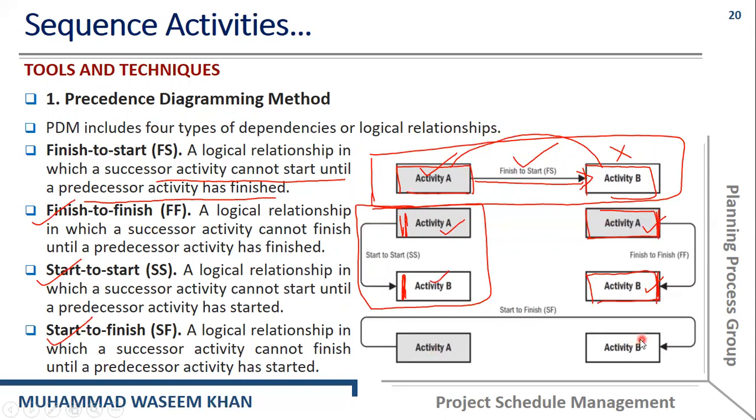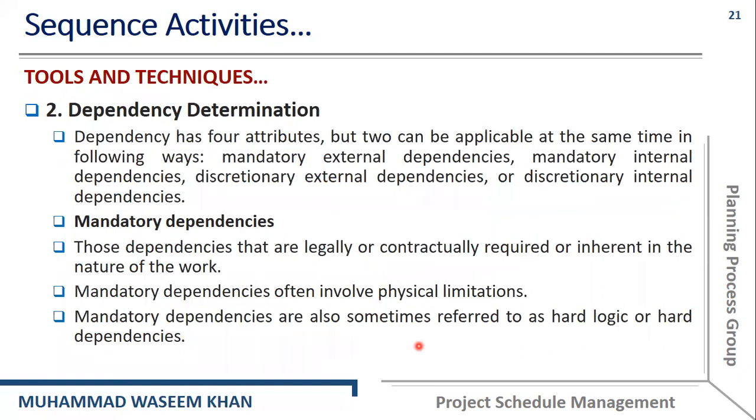So that means that before finishing the successor activity, the start of activity A, which is a predecessor activity, is necessary in a start to finish relationship. So I hope you understood these simple four types of dependencies or logical relationships.